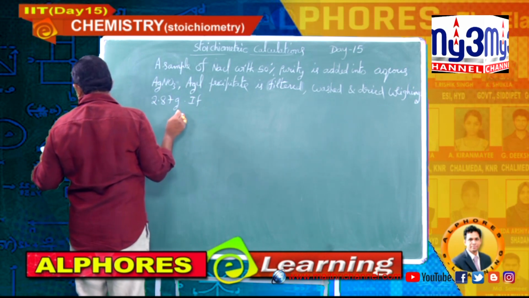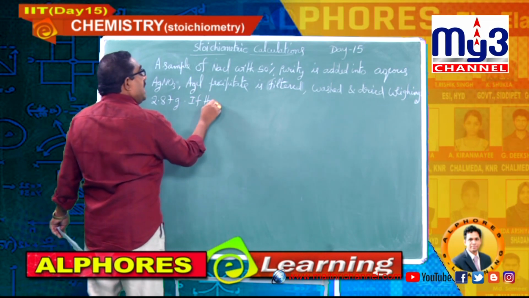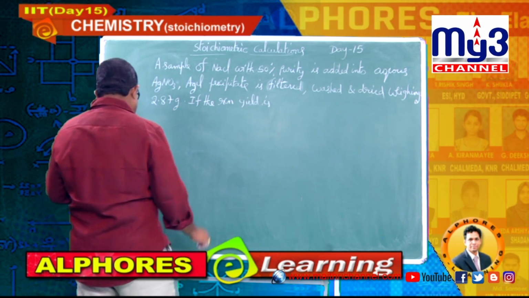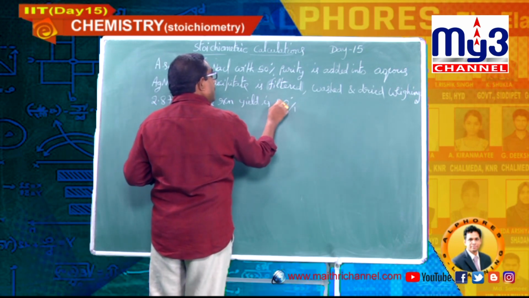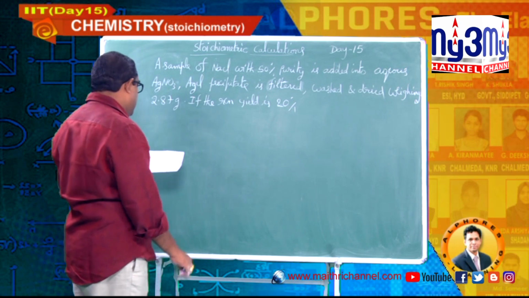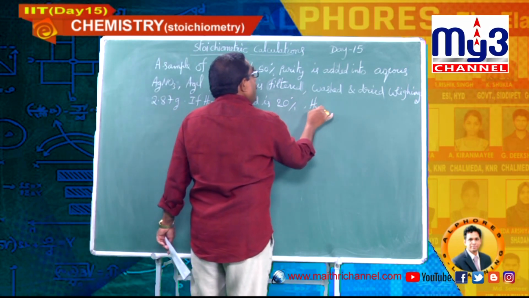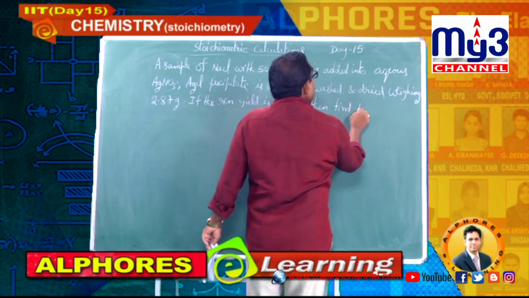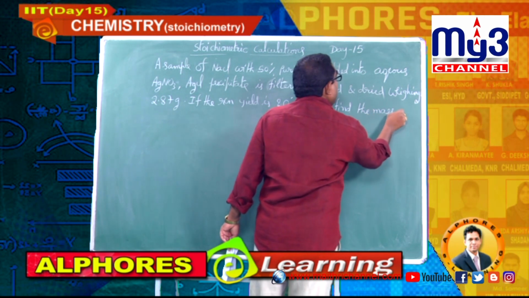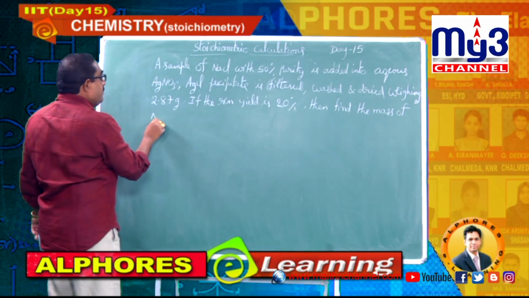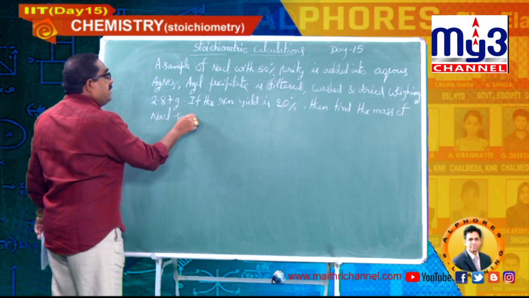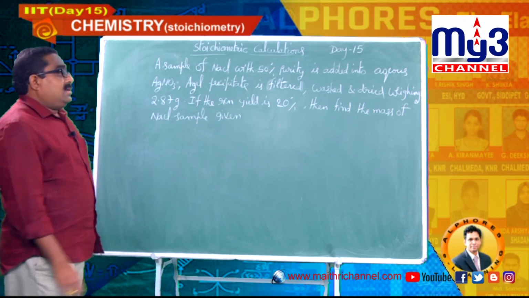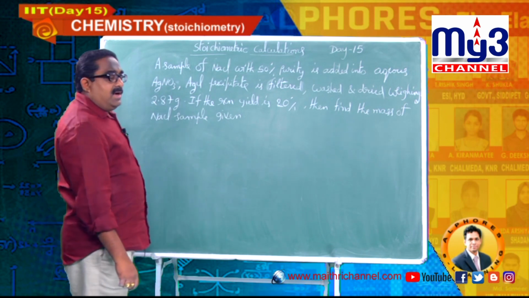If the reaction yield is 20%, then find the mass of sodium chloride sample given. This is the question. I am repeating, students, so please write down.